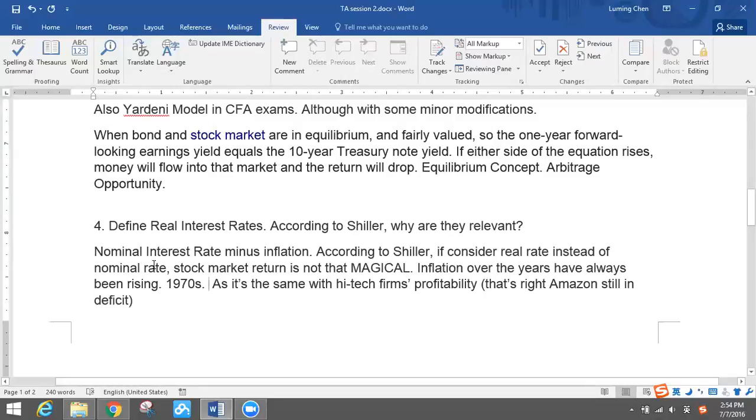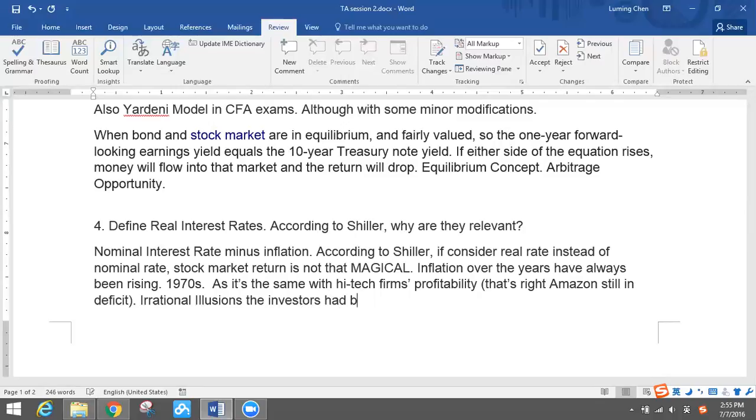So if we consider the real rate instead of the nominal rate, the high-tech firms' profitability is not that magical. It's just some irrational illusions the investors had about high-tech firms in the internet bubble.